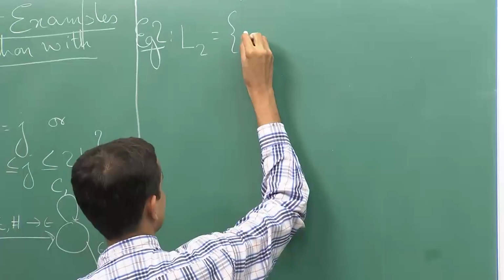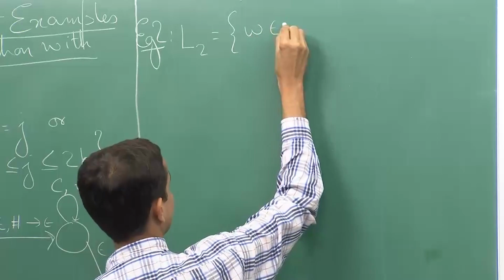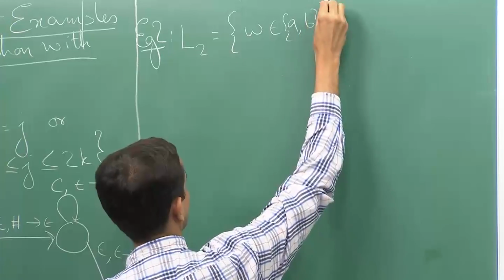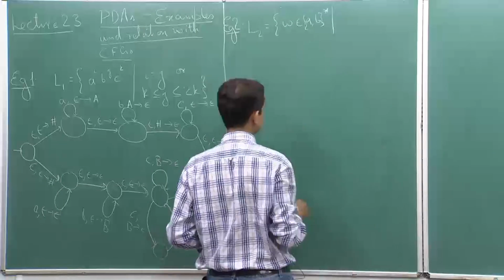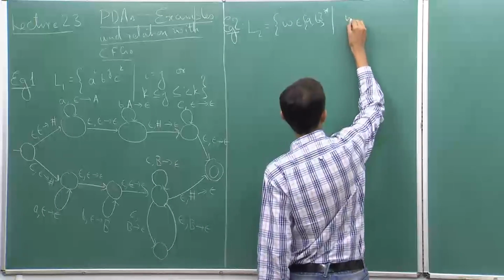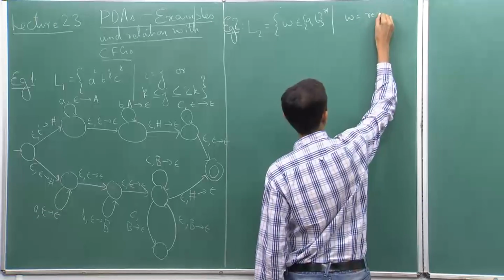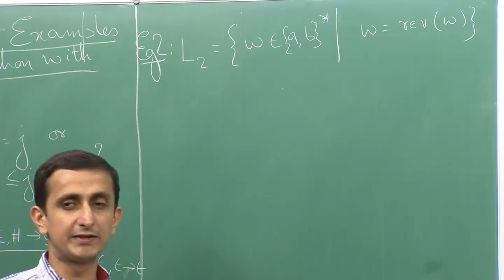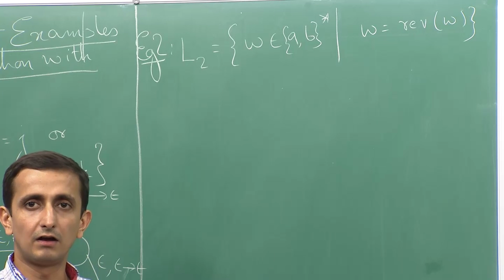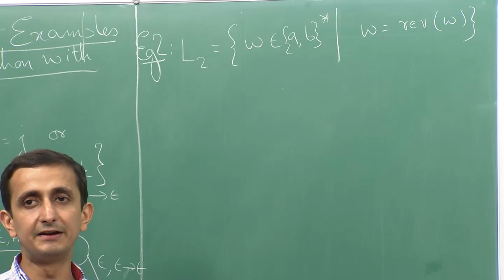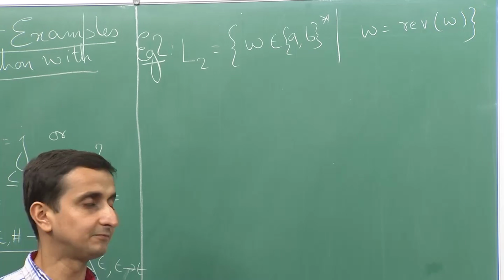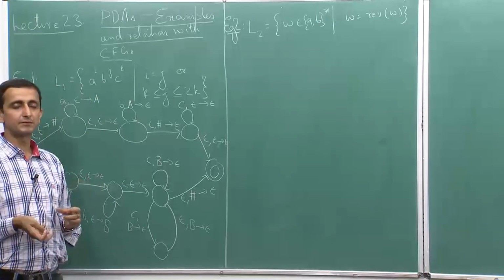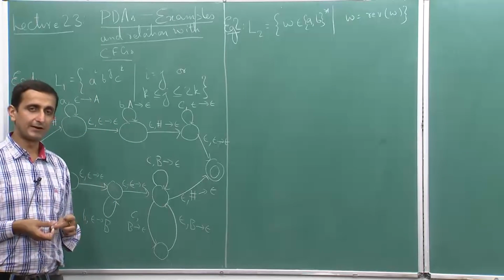So, this consists of all strings W over, let us say, {a, b}*, such that W equals reverse of W. Okay. So, strings which read the same no matter which side I read it from, left or from right. Okay. So, how do we accept a string of this form using a pushdown automata?